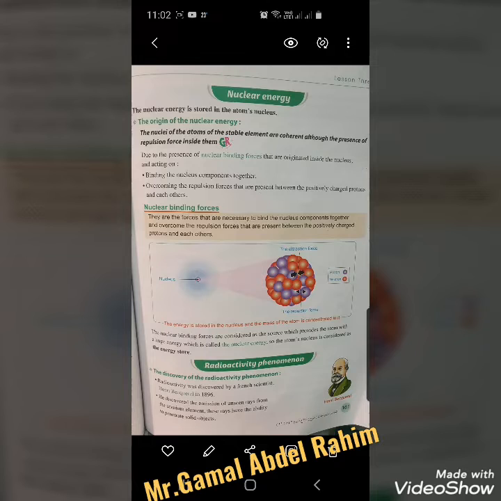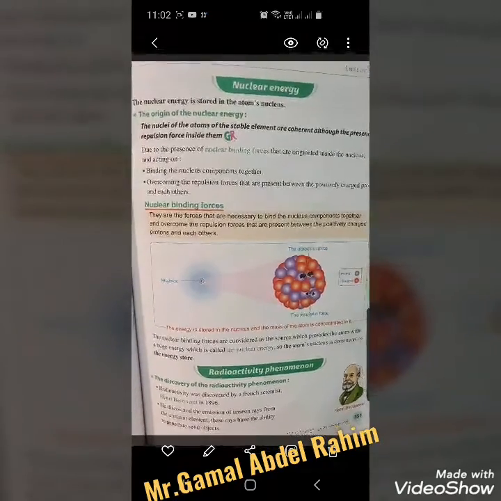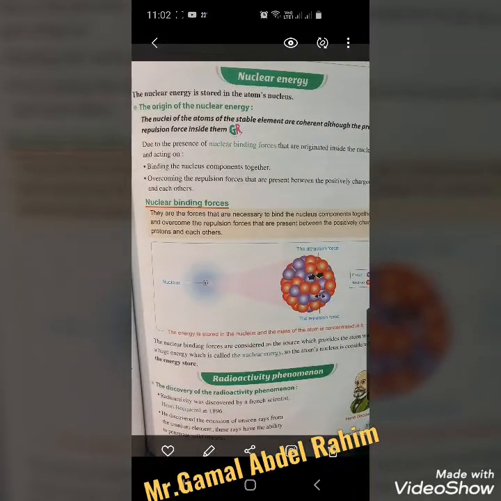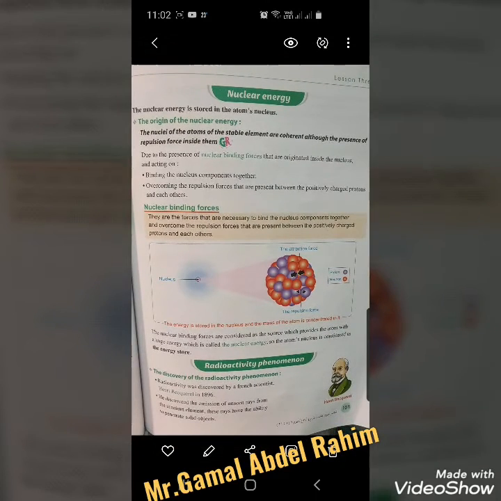So overcoming the repulsion force that is present between positively charged protons depends on the nuclear binding force. This is a very important force. So how can we define the nuclear binding force?